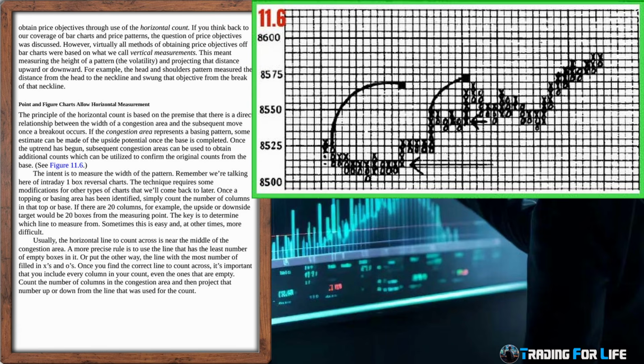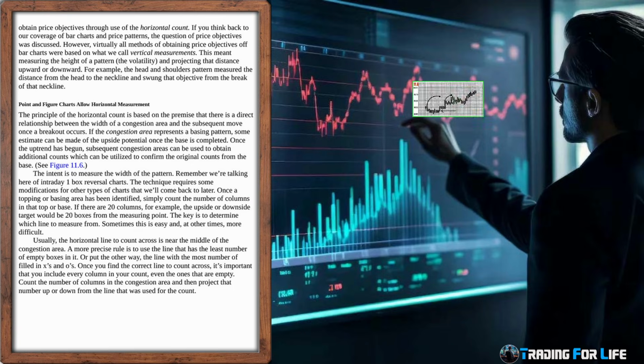Once a topping or basing area has been identified, simply count the number of columns in that top or base. If there are 20 columns, for example, the upside or downside target would be 20 boxes from the measuring point. The key is to determine which line to measure from. Sometimes this is easy and, at other times, more difficult. Usually, the horizontal line to count across is near the middle of the congestion area.